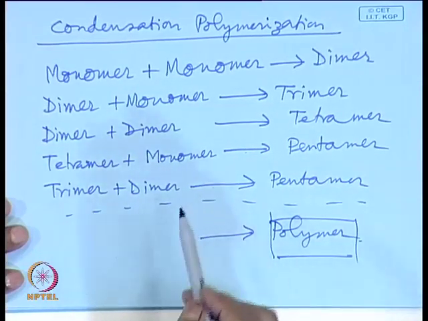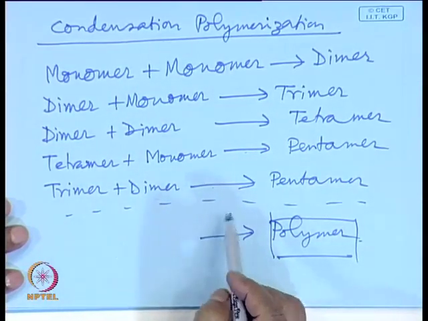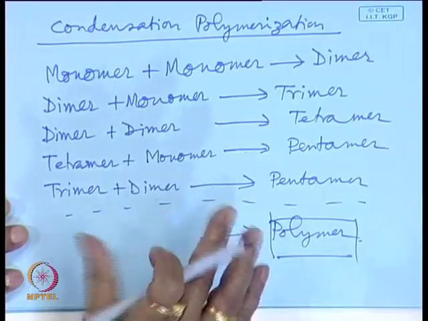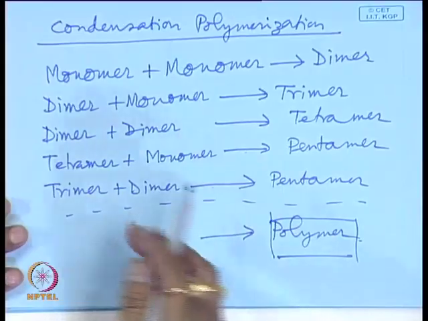In each and every step there is a condensation reaction between two functional groups, either a hydroxyl group and a carboxyl group, or a carboxyl group and an amino group, like this. And slowly these intermediates grow in length, bigger and bigger. So, this is a slow process.